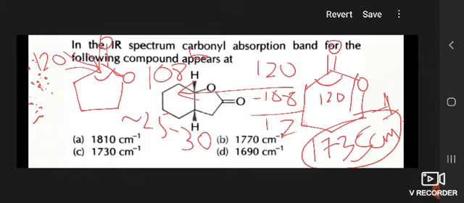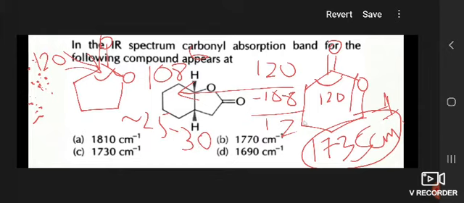So if for a 6-membered cyclic ester it is 1735 cm⁻¹, then for a 5-membered cyclic ester the frequency increases by 25 to 30 units. That means we have to add 25 to 30 units to 1735.